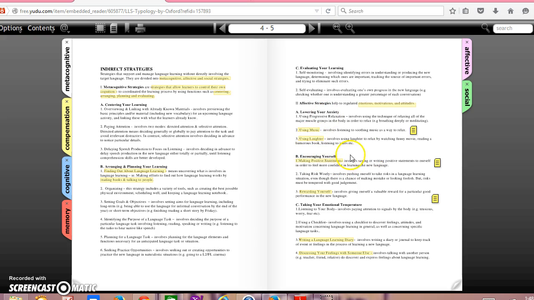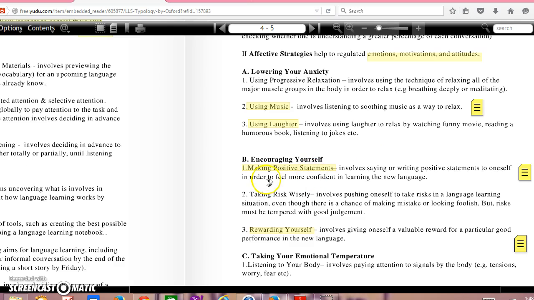And next, under encouraging yourself, making positive statements can help you to feel more confident in learning the new language. All I can say here, everyone needs to be optimistic. Just think positive about yourself and make yourself believe that you can do it. And under encouraging yourself too is rewarding yourself.